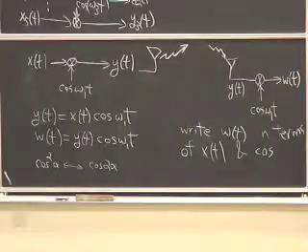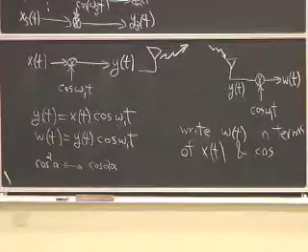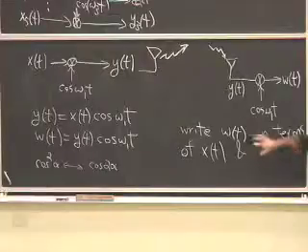I'll give you 2 or 3 minutes. Not quite. W of t will not be quite x of t. You'll have to do additional processing on it. And once you go through this, you'll figure out why.